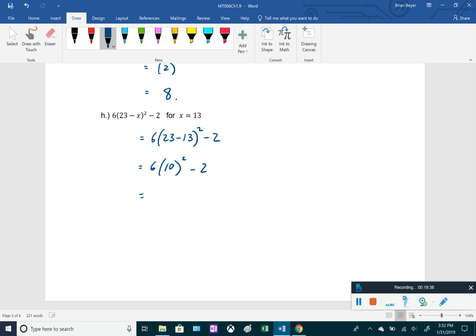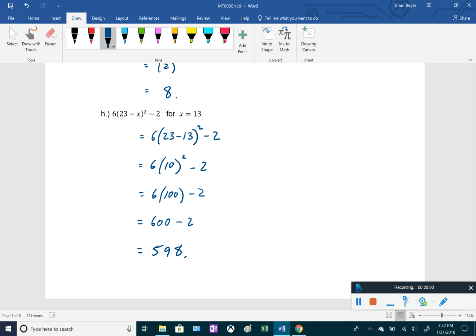So order of operations, we have to do the exponent first. 10 squared is 10 times 10, which is 100. So 6 times 100 minus 2. Multiplication is next. 6 times 100, 600 minus 2 is 598. Okay, and that is it for chapter 1.9.